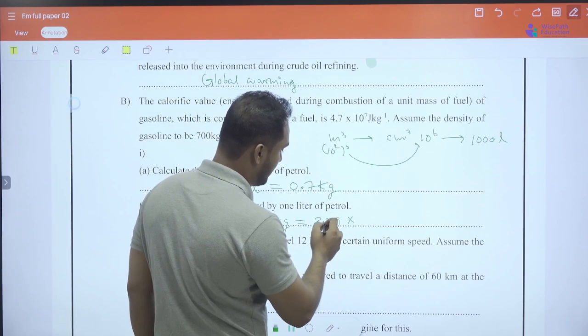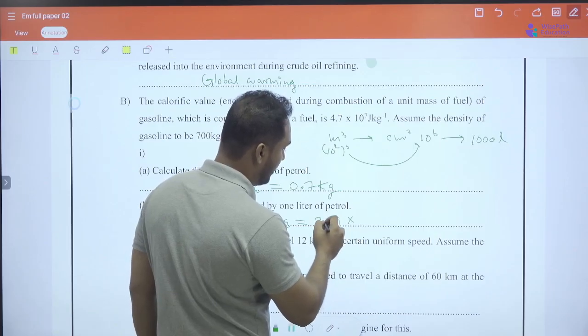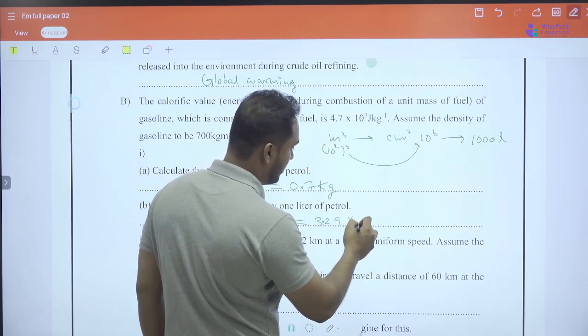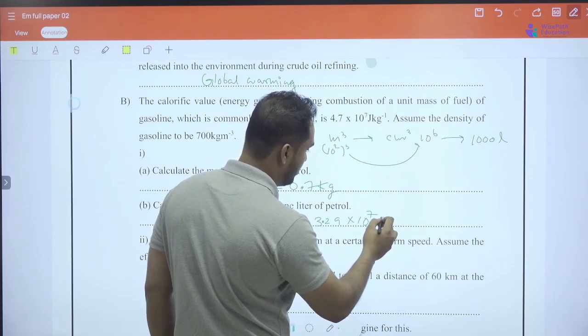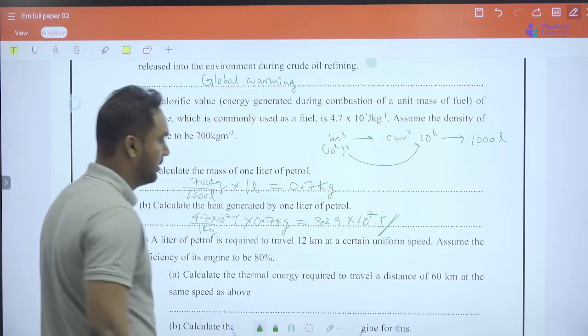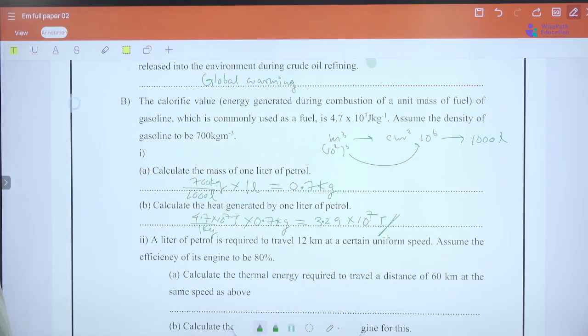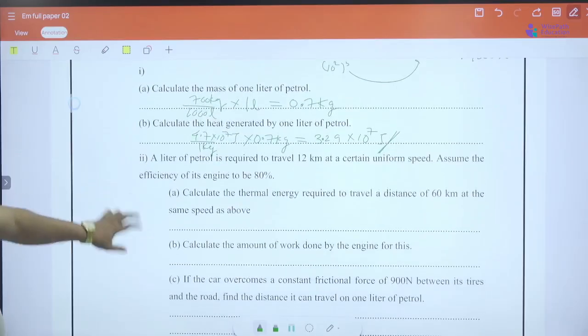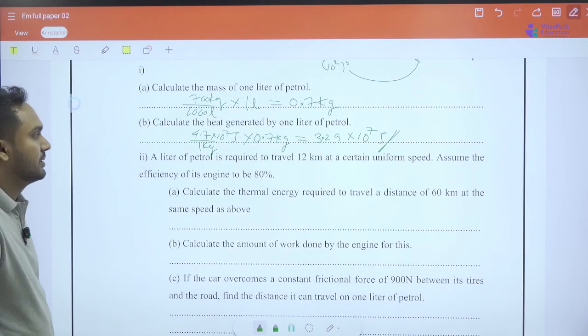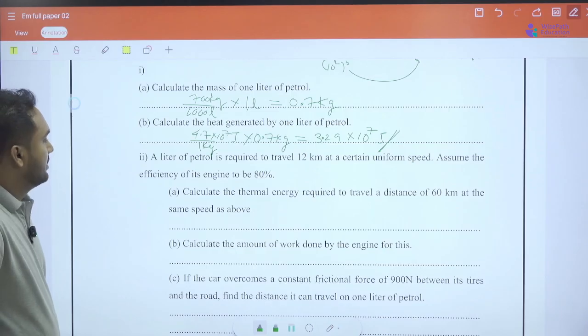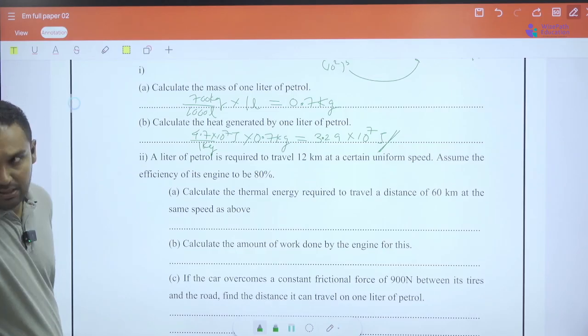Ten to the power 5 or 3.29 into 10 to the power 7 joules, right? A liter of petrol is required to travel 12 kilometers at a certain uniform speed. Assume the efficiency of its engine to be 80%, right?